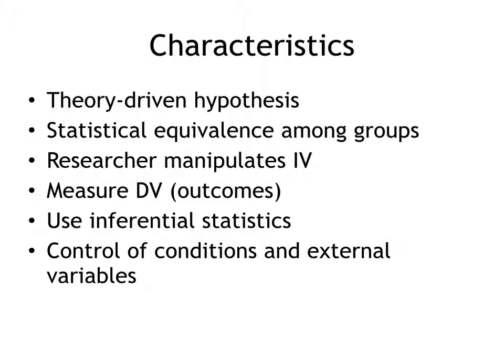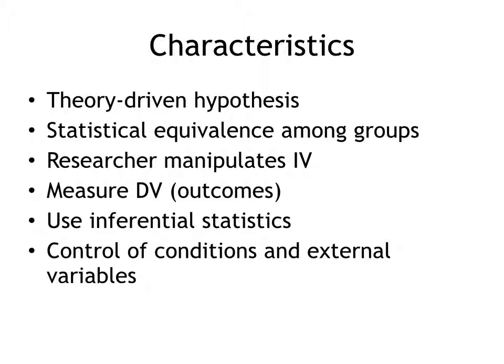But in true experimental research, there are theories and previous research and a basis for thinking that something will happen. We don't just say, I'm going to purchase this curriculum and it's going to be the best thing ever. You have to do the research first and have a theory behind it and a reason. We call it a theory because it tries to explain why it happened when you get into theory-driven hypotheses.